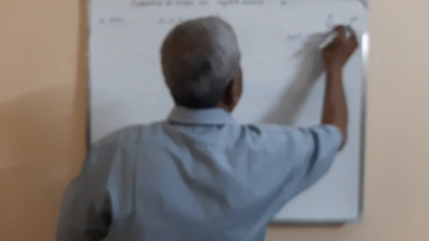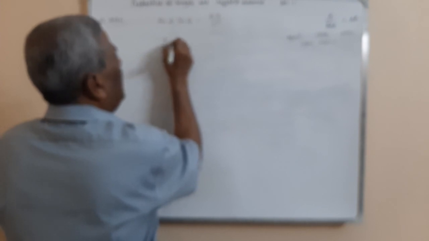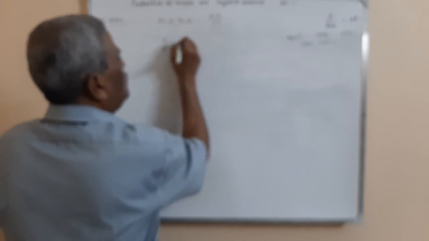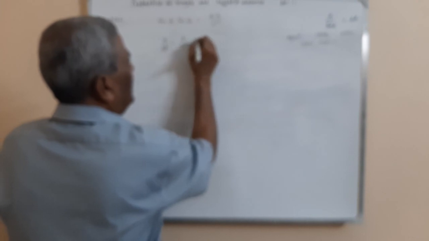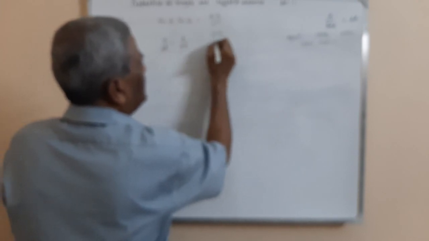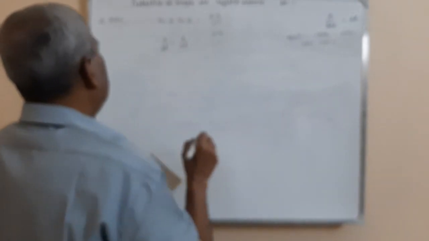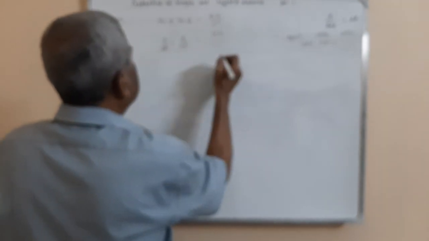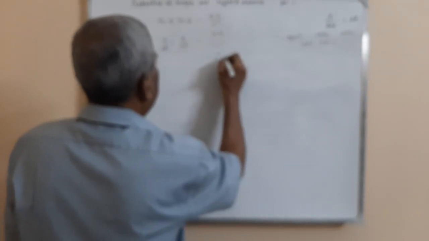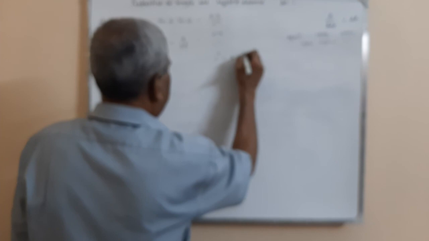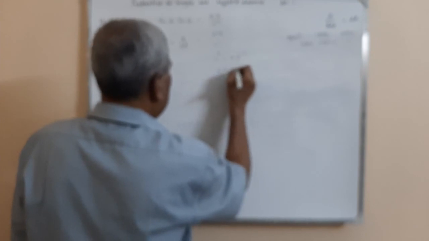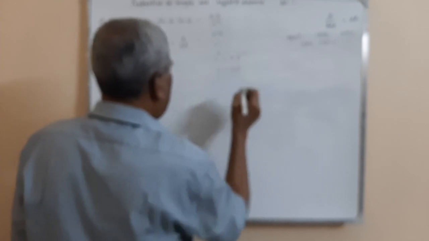Sine A is equal to A by 2R, so it is A by 2R into sine B, which is B by 2R, is equal to AB by C square. So clearly AB cancels and C square is equal to 4R square. So C is equal to 2R, not plus minus. C is equal to 2R.